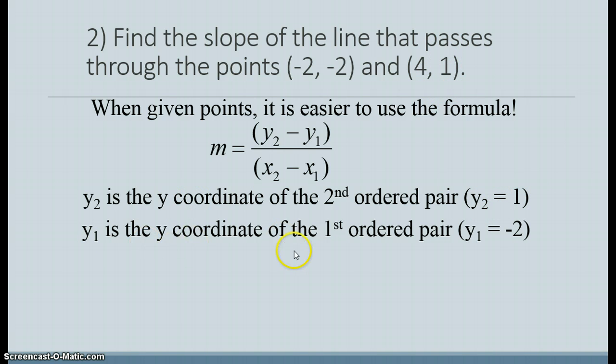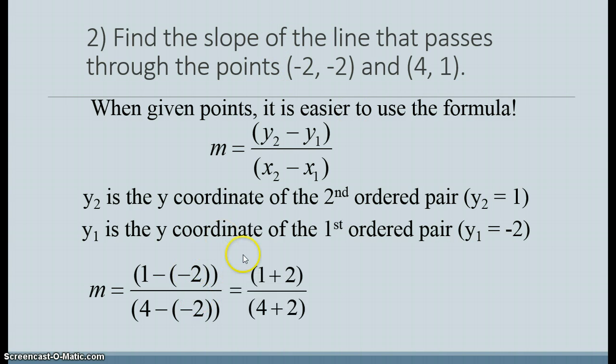And y1 is the coordinate of the first ordered pair, -2. So you're going to take this one as the reference point. So it's 1 minus -2, like this. And the x's are 4 minus -2, which gives us 1 plus 2 over 4 plus 2, which is 3 over 6 equals 1/2.